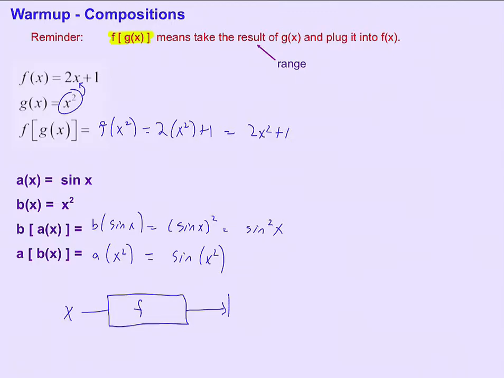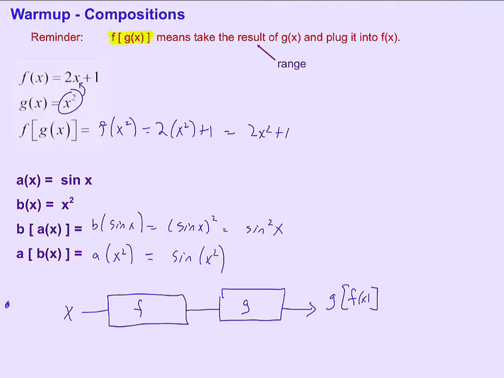A composition means we take that result and instead of just ending there, we plug that result directly into another function. This one would be g of f of x, because we took the result from f and plugged it straight into g. This idea of a conveyor belt is very helpful today.